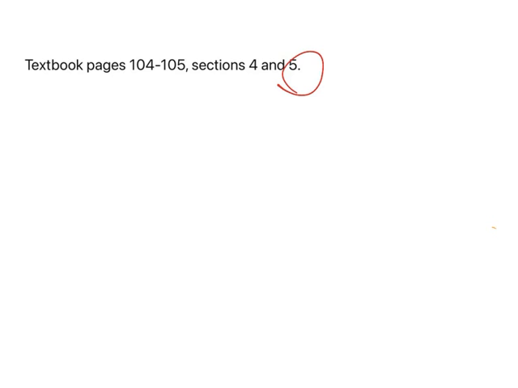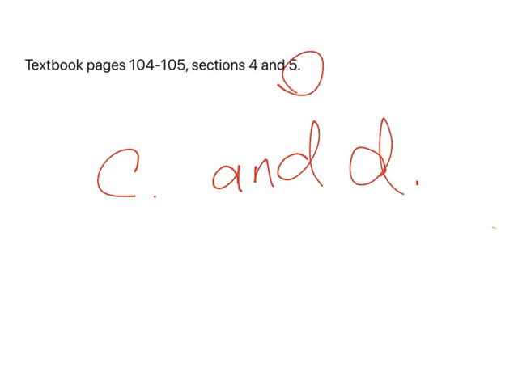You're going to do C and D. Not a lot to go off of, but I think you'll be able to do it as long as you follow the steps and the information you already know. Good luck.